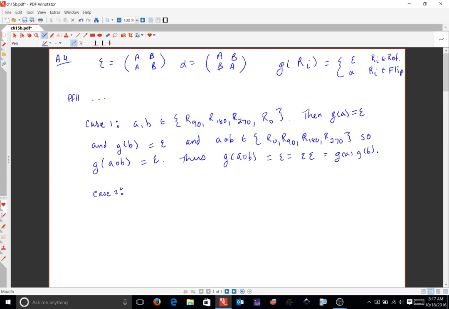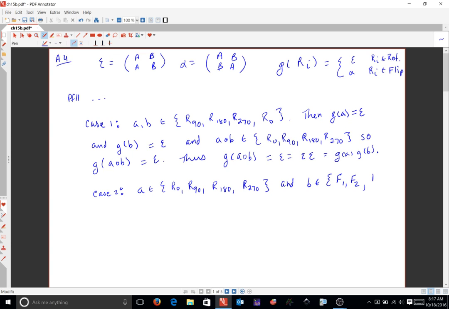Now your second case, and this is where things got a little strange. You put A and B are still in the set of rotations. You've done that case. Now you're going to have A is in the set of rotations, and B is in the set of flips. 1, 2, 3, 4.